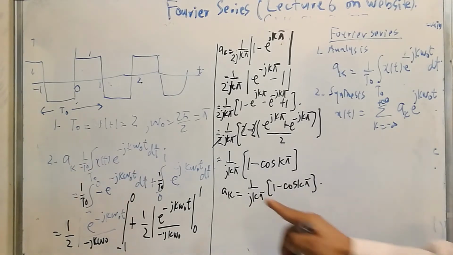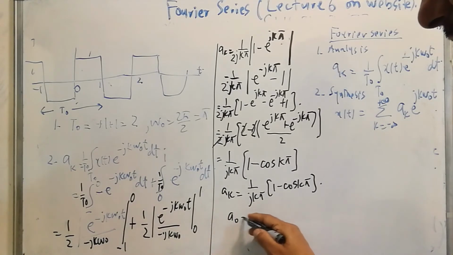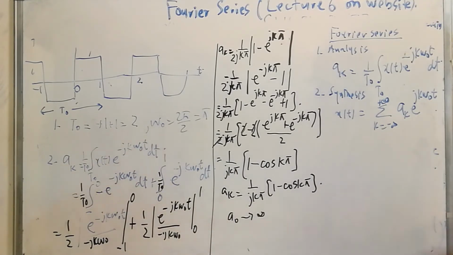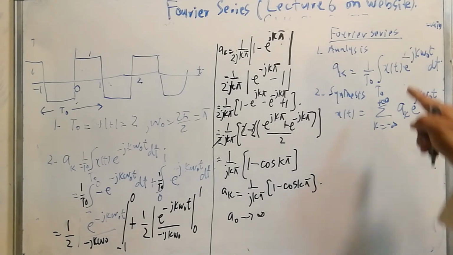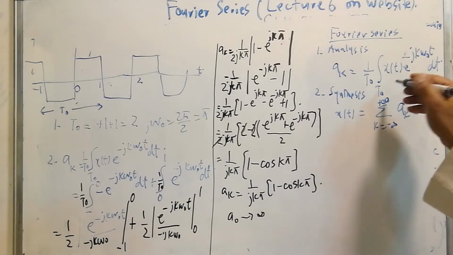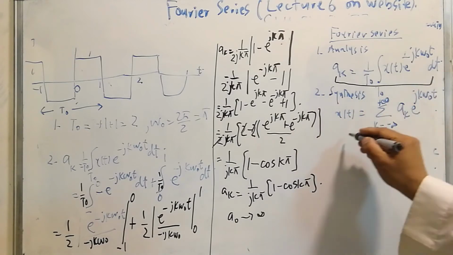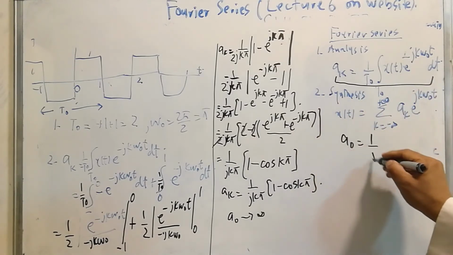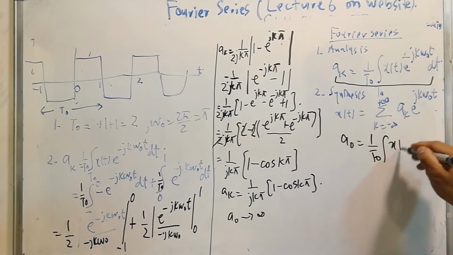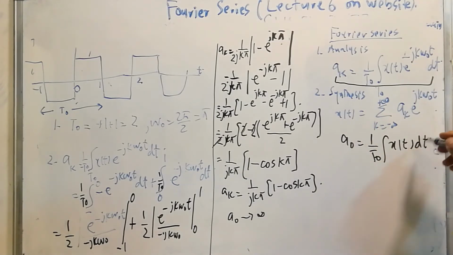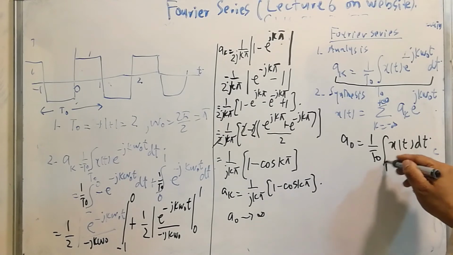Now I can see that if I put 0 here, a0 will go to infinity. So that's why we cannot use it for a0. So a0 we have to find separately from this integral. From this integral, a0 is equal to 1 over t naught, I just put k equal to 0 here, so it will be the integral of x of t dt, which means that this is an area inside the period.